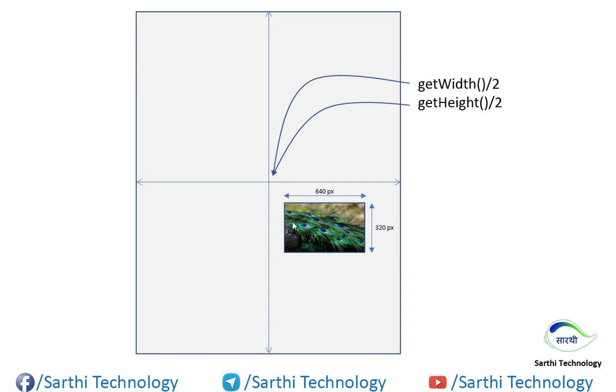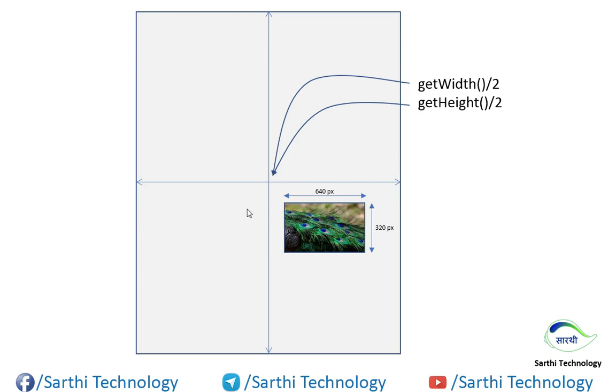For example, our image size is 640 pixels in width and 320 pixels in height, and we don't know the page size, or if we know it that is okay, but if we don't, we can get the center of the page using this: get width divide by 2 and get height divide by 2. So using these methods we can get the center.